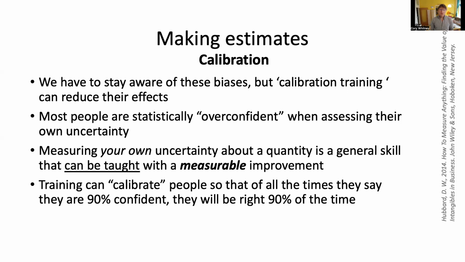And when we talk to you today about calibration or providing estimates, we're mostly going to be talking about the 90% confidence. So that is to say, we're looking to get not 100% of the time a correct value, but roughly 90%. 90% confidence means if you answer 10 questions, 9 of them will be correct. If you state that you're 90% confident, then you'll be right 90% of the time.